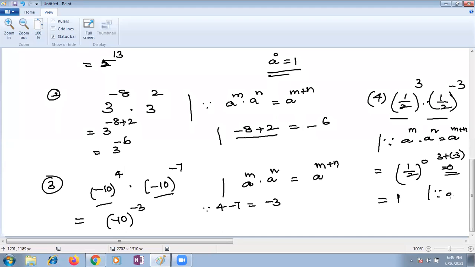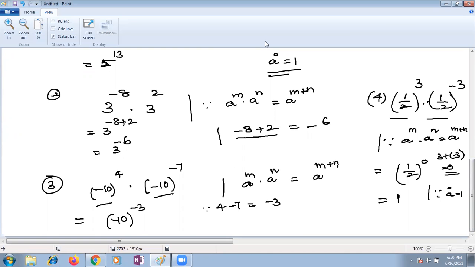Ma'am, I have a doubt. Ma'am, what if the bases are not same? When bases are not same, you're not going to use this law of exponent. You try other laws of exponent.